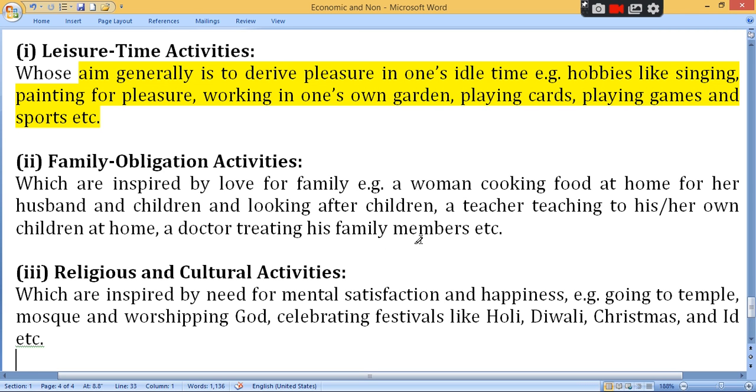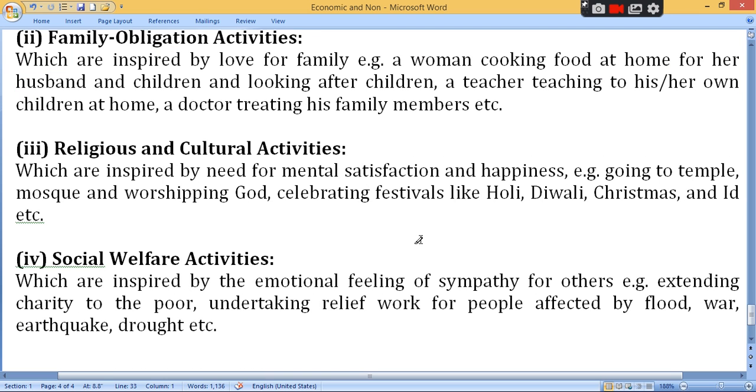If a woman cooks at her own home, her main objective is not profit. A teacher teaching his own children at home, or a doctor providing free treatment to his own family members, is all human welfare, social welfare activity. Clear? There is no main objective of earning money.